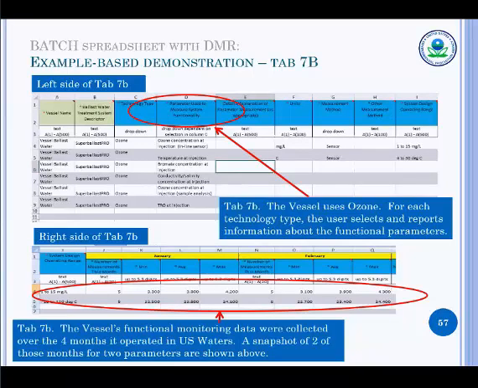So getting back to tab 7B, depending on the technology you identify in column C, you'll get a list of the applicable parameters in column D. So here, for ozone, there are 6 different parameters for which you're required to provide data, which correspond to the parameters in that Appendix J. For each month of discharge, you're to identify the number of monitoring events, the minimum value, the maximum value, and the average value.